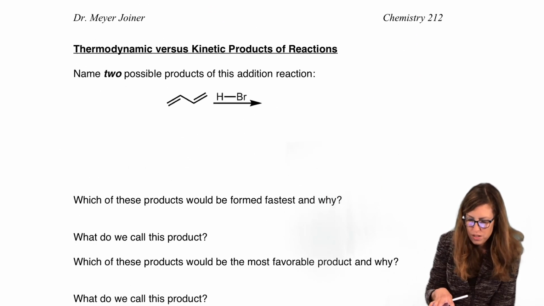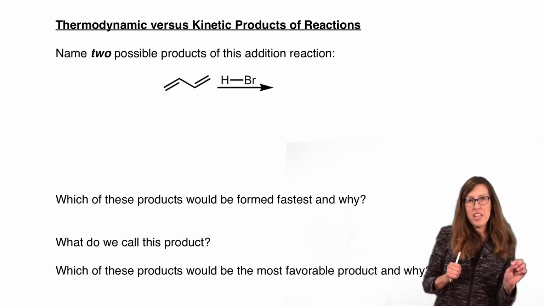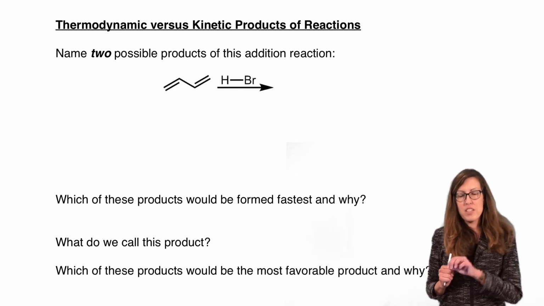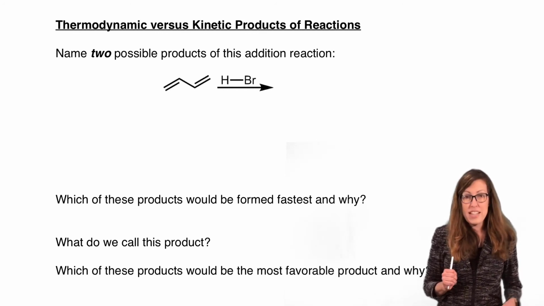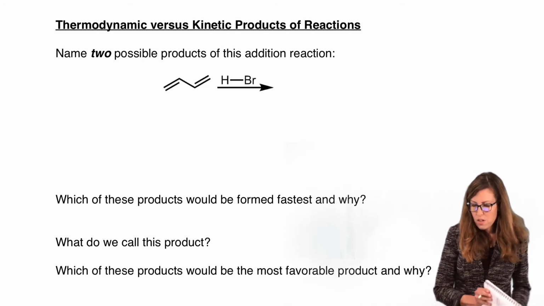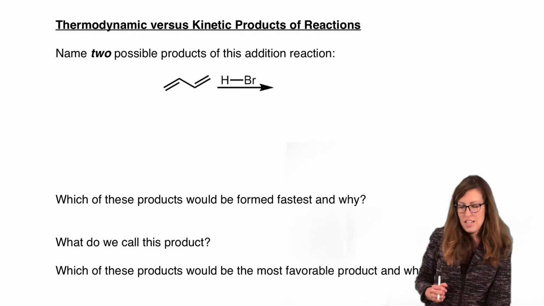Okay, so next concept, we're ready to use conjugation and study its effect on reactivity, and we're going to do that first with familiar reactions before we get to our new reaction in the next video. So in this reaction, we're bringing back the addition of HBr to a pi bond.